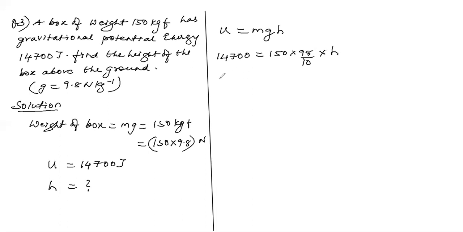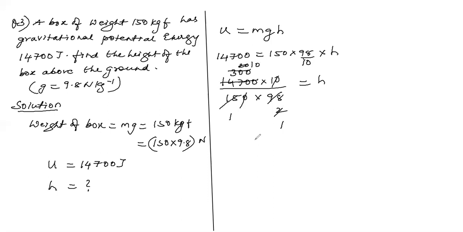So now what will happen, children? h equals 14700 into 10, the whole thing divided by 150 into 98. And so easy this is, 0, 0 cancel. Now 49 twos are 98, 49 300s are 14700. Got it? 15 ones are 15, 20s are 2 ones are 2 tens. So h is 10 meter.